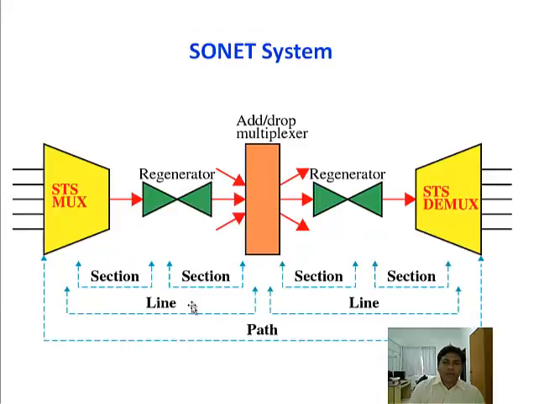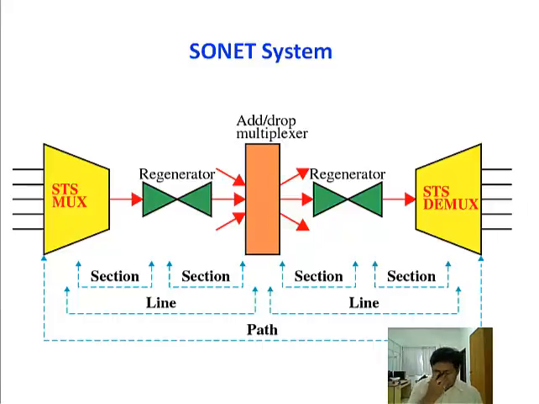Now coming back to the briefing of the entire syllabus, in this particular section, what we have discussed is how SONET is used. SONET is basically used in ATM or high-end standards. Frame relay we have not used so far.